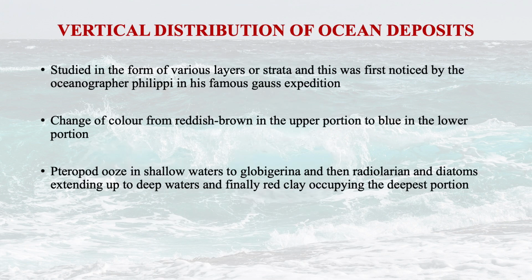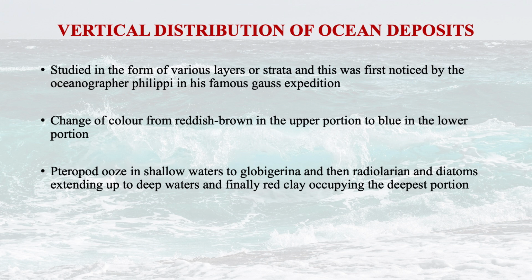And there is also a kind of gradation in the pelagic deposits, like pteropod ooze is found in the shallow water. Then, as I explained earlier, Globigerina deposits are found up to greater depths compared to the pteropod oozes, because they can withstand both warm and cold water. So they are found at relatively deeper portions compared to the pteropod.